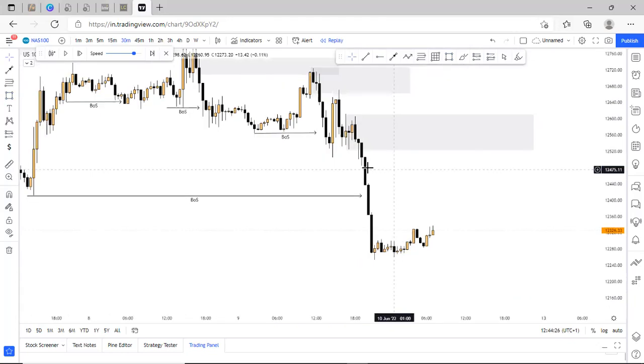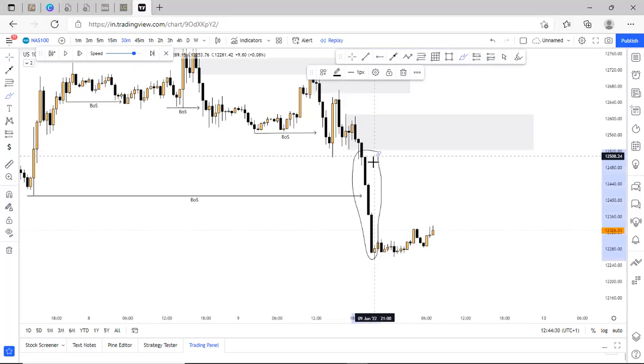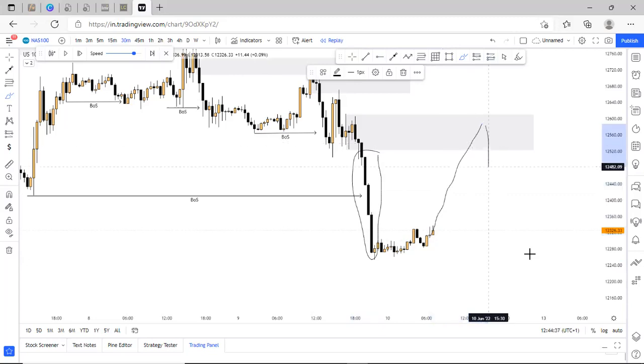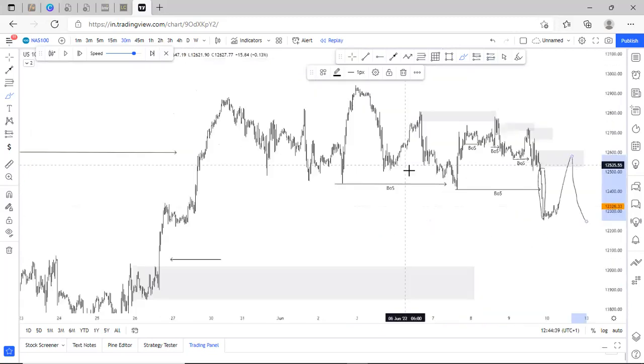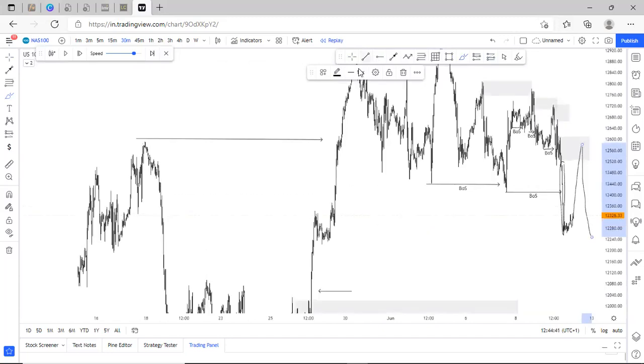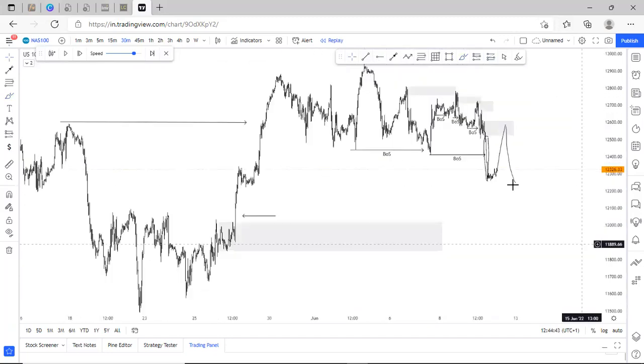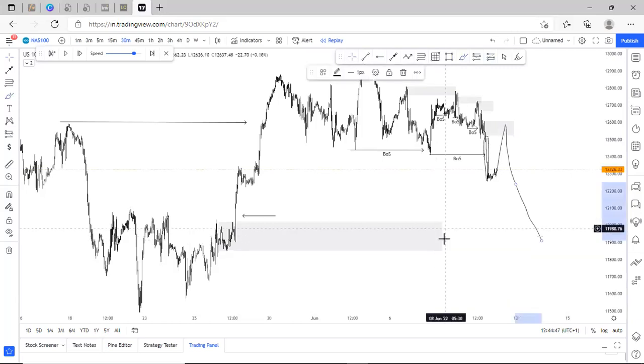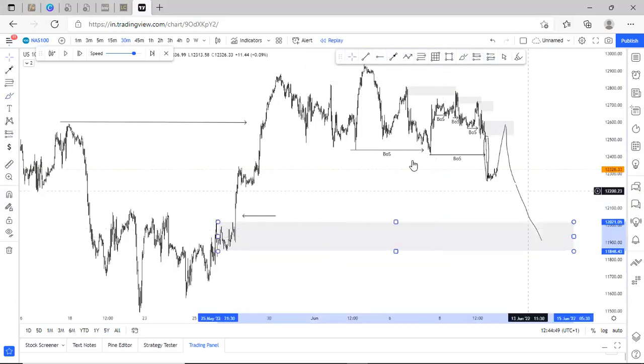And you can also see that we have this impulsive move to the downside, which is also an imbalance that price could probably come into to mitigate before dropping, because then price still has the room to trade all the way down into this unmitigated demand overall.